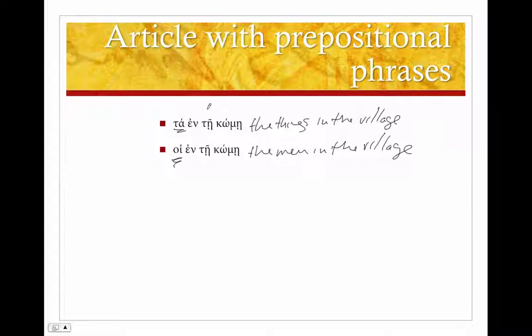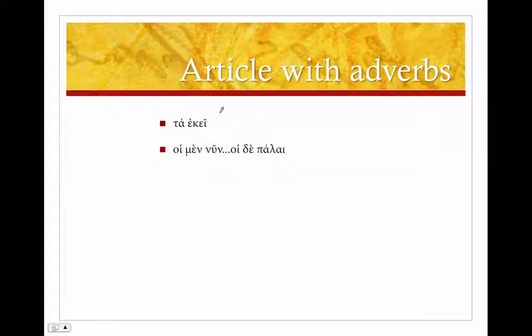All right, so we had articles with adjectives, articles with genitives, articles with prepositional phrases, and finally, we can add articles with adverbs. So ta eke, so here again is our things. The things there. Or hoi men nun, this is a very common contrast here. Usually it's actually switched around, hoi men palai. So hoi men nun, an adverb, now, and long ago, in case we don't know those yet.